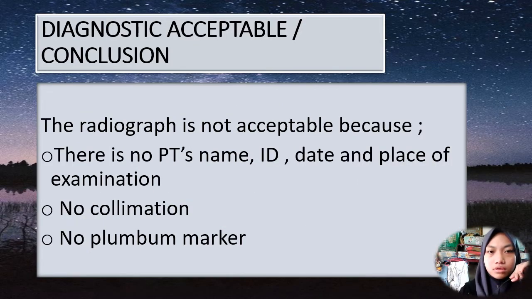Conclusion, for the AP rib, the radiograph is not acceptable because there is no patient name, ID, date and place of examination. Second, no collimation and no lead marker.